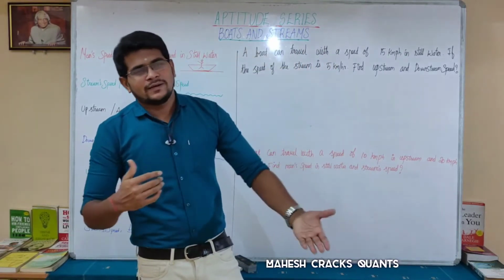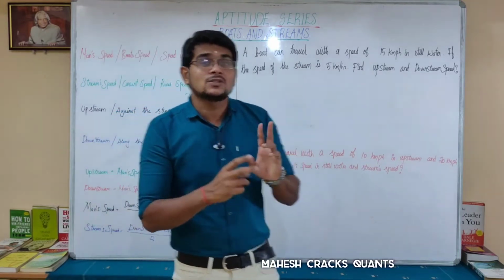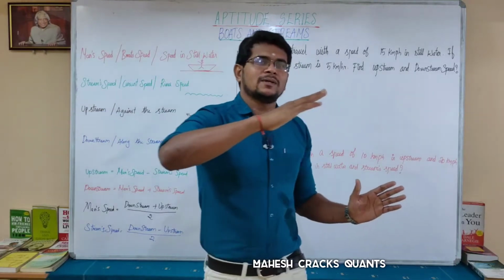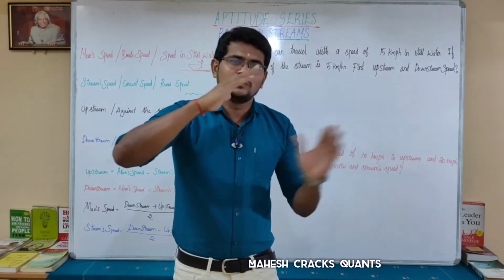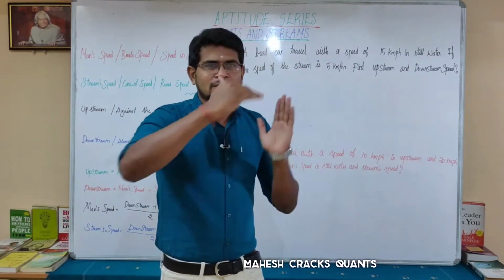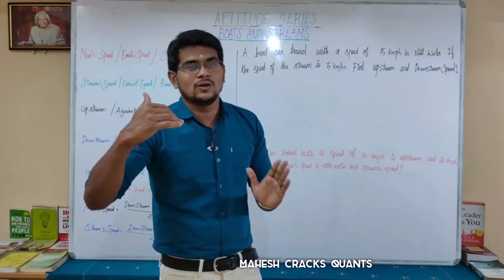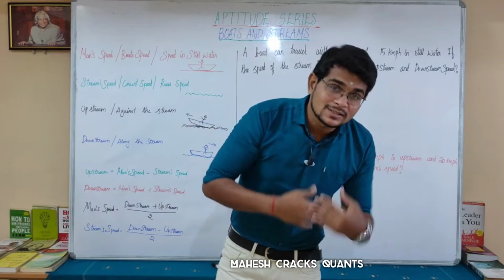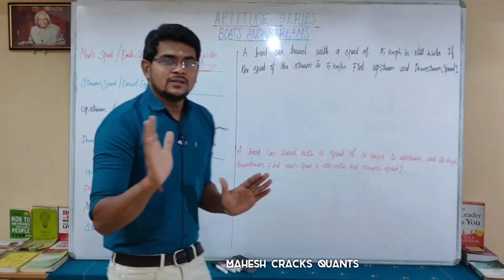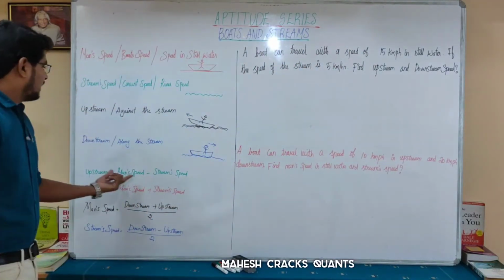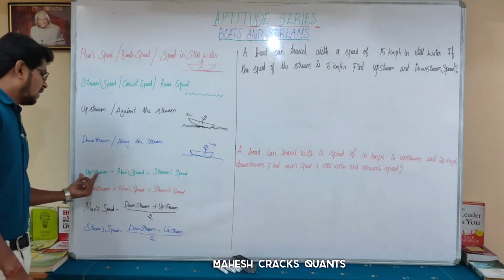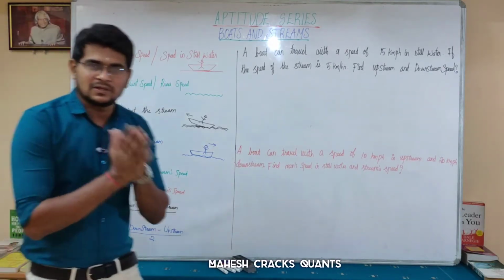Take the water speed as 2 km per hour. Water will pull me and reduce my speed by 2 km per hour. So if man speed is 10 km per hour and stream speed is 2 km per hour, upstream is 8 km per hour.